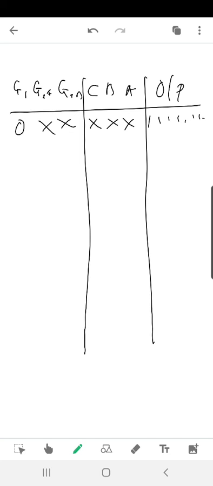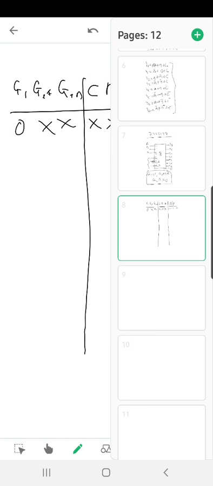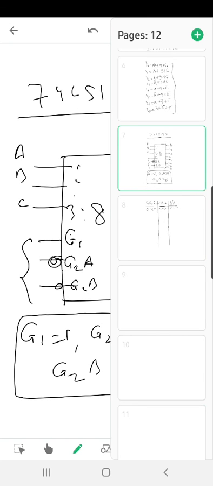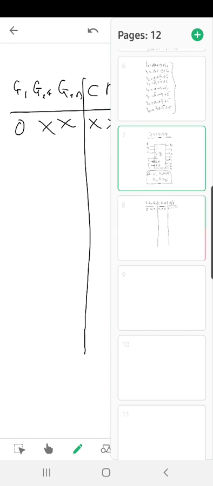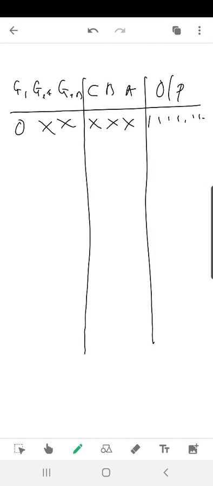G2A is an active low pin. If the value of G2A becomes 1, then this decoder will not work. Irrespective of the state of the other 2 enable pins and of our input pins, the output will remain 11111111 for all the 8 output lines.